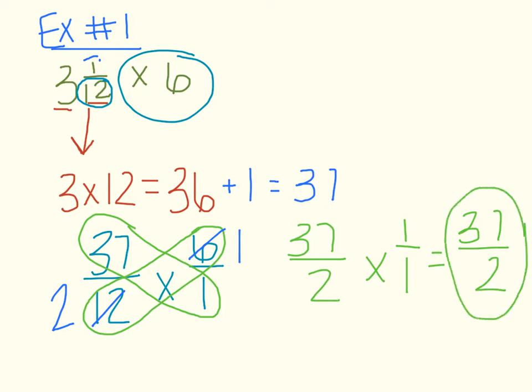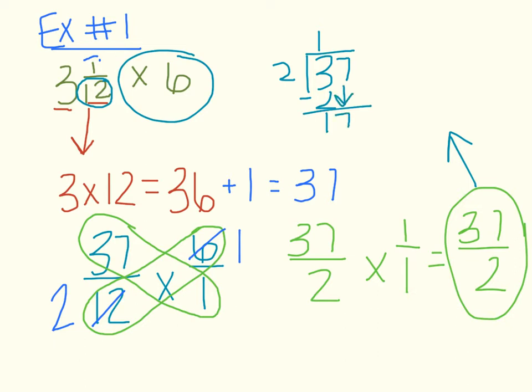But my last step is to change that back to a mixed number. And I'm going to do that up here. And the way we do that is by dividing. 37 divided by 2. 2 goes into 3 one time with 1 left over.